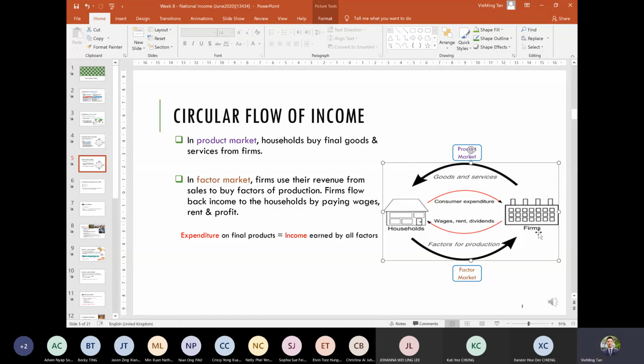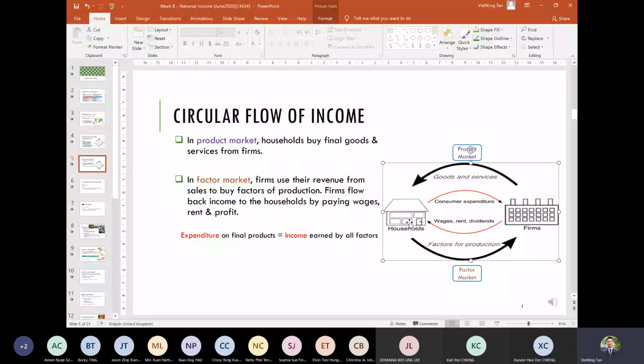In return, the firm has to pay wages to the household for labor, and firms also have to pay rent for the land. Firms also have to pay dividends for capital, and firms also have to pay profit for entrepreneurship to the household as well. So far so good.